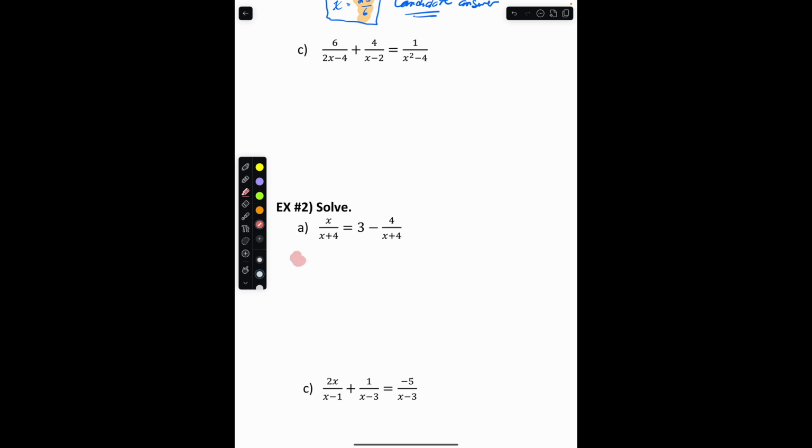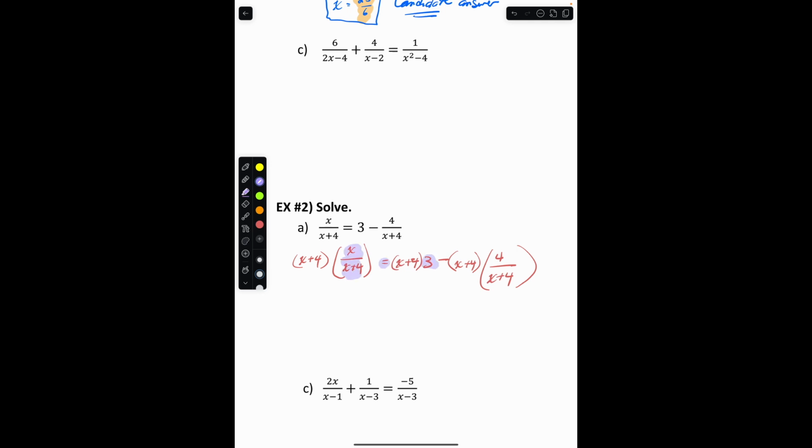So I'm going to write x plus 4 and multiply it by everything I see. x plus 4 times x over x plus 4 equals x plus 4 times 3 minus x plus 4 times 4 over x plus 4. Once again, my original equation is still here.